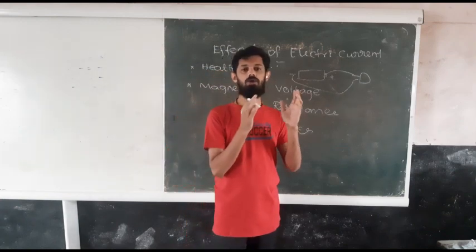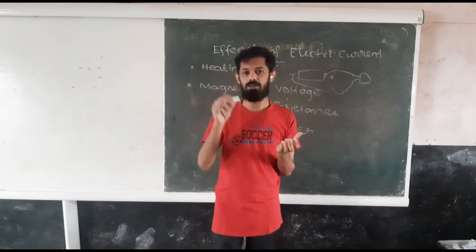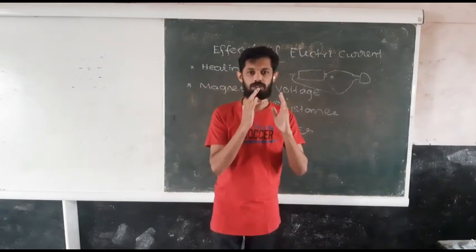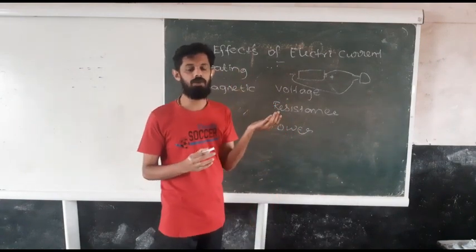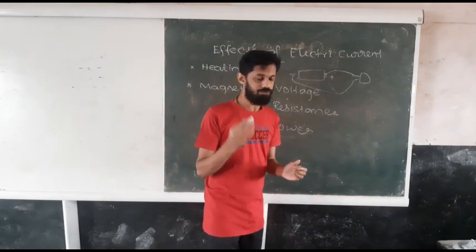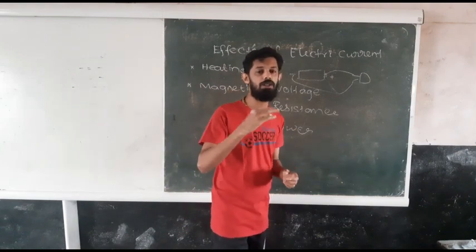Previously we were using incandescent bulb, which consists of a tungsten filament. First we will study how that works, later we will go for electric iron. Now, how does an electric bulb work and what are its main parts?